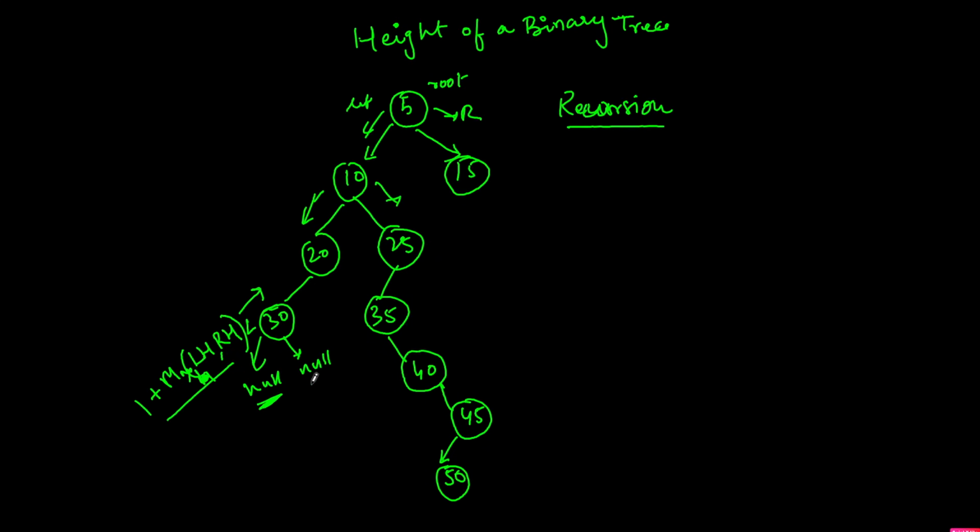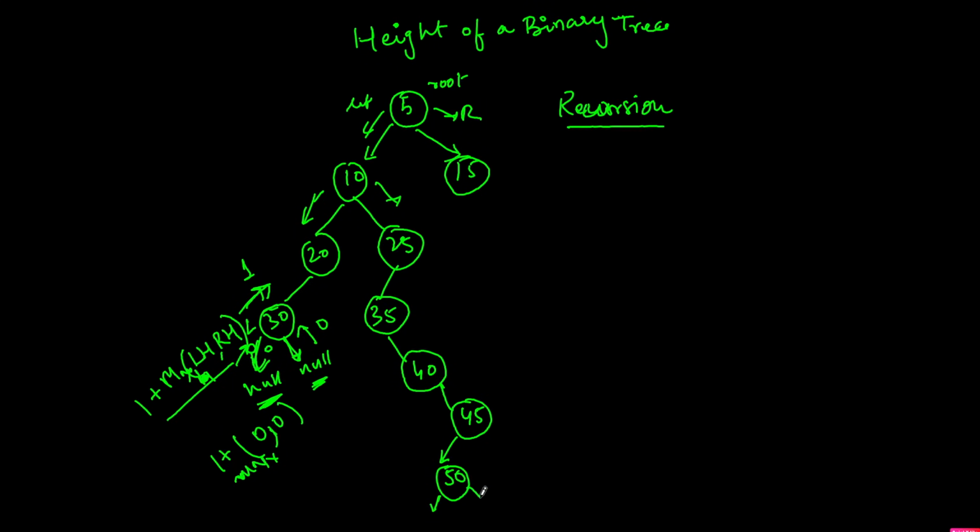So in this case, when the left child and the right child both are null, these will return 0. So it will return max of 0, comma 0, plus 1. So this node will return 1.